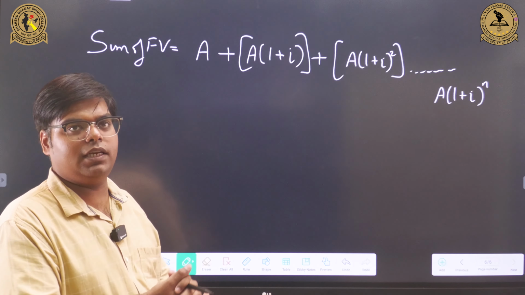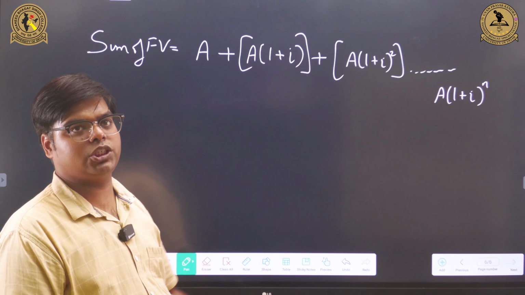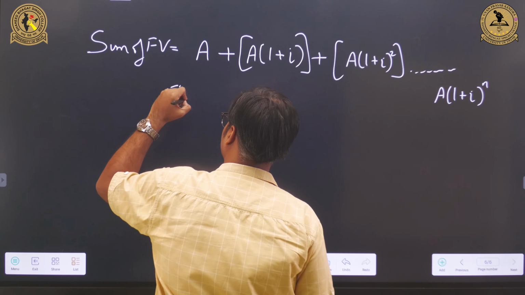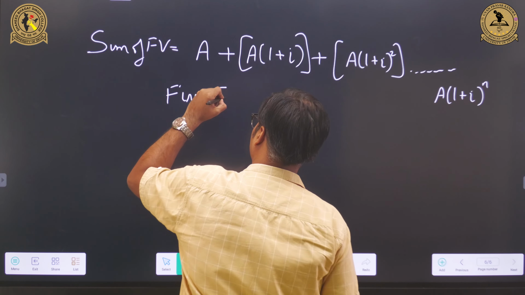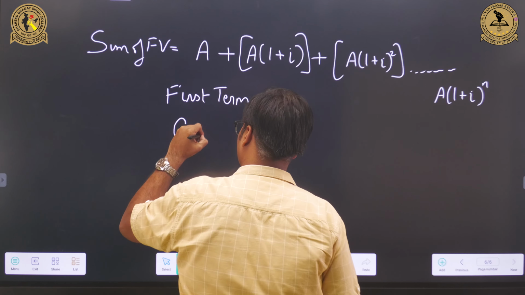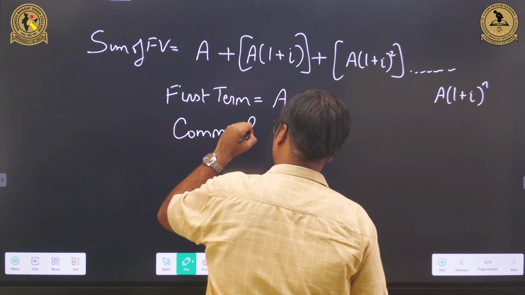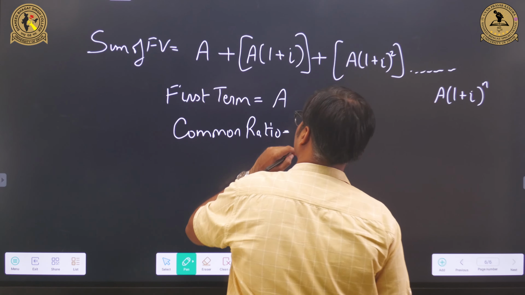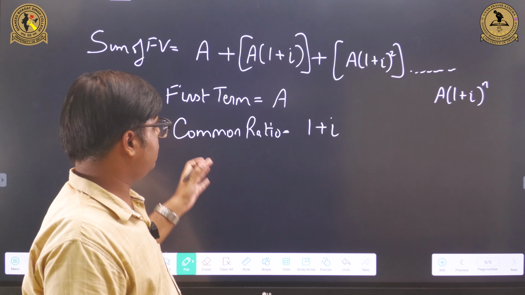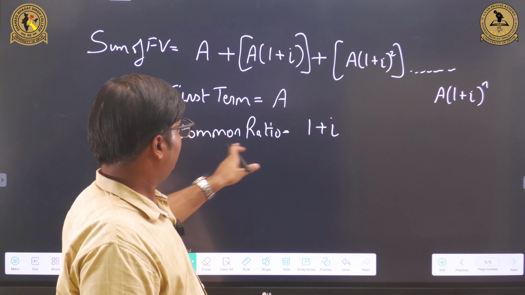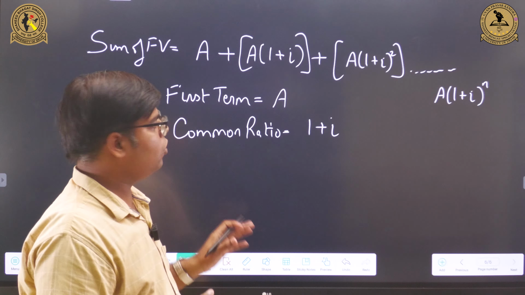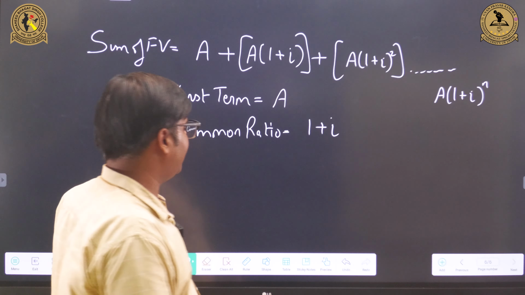Now by looking at this series, we can find this is a geometric progression wherein the first term is A and the common ratio is 1 plus i in this equation.